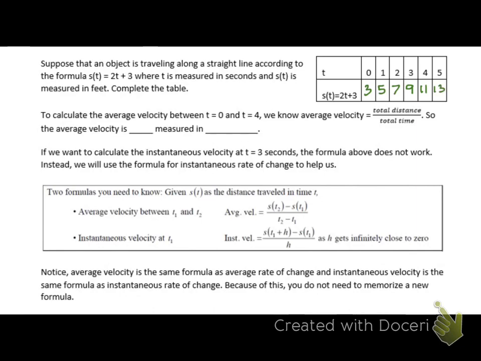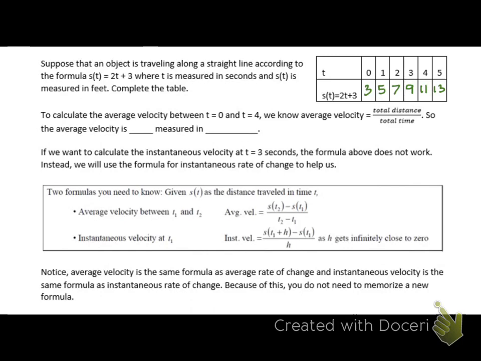To calculate average velocity between t equals 0 and t equals 4, we know that average velocity is the total distance over the total time. So the average velocity would be the total distance, 11 minus 3, which is 8, over the total time, which between 0 and 4 was 4 seconds.